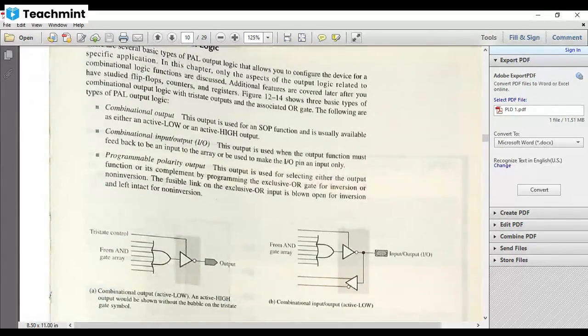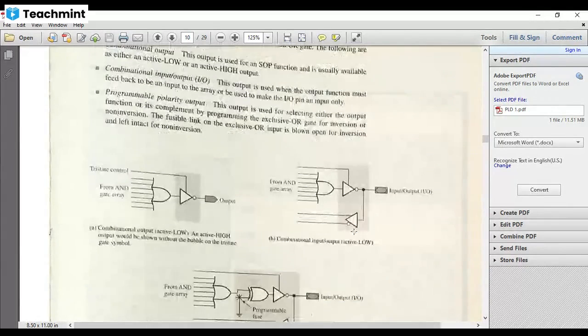So this is the symbol of the IO pin. Compared to the previous one, only the pin structure is different, and one another tri-state buffer is added here. So here what happened? It is in an active low.